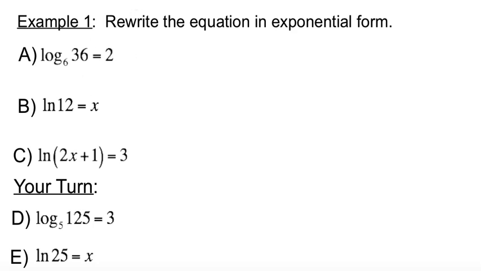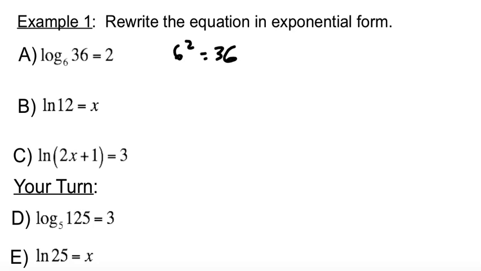So let's work with, if we've got a log, can we write the equivalent exponential? Using the definition of logarithms here, we can take 6 to the second is equal to 36. The base to the power equals 36.